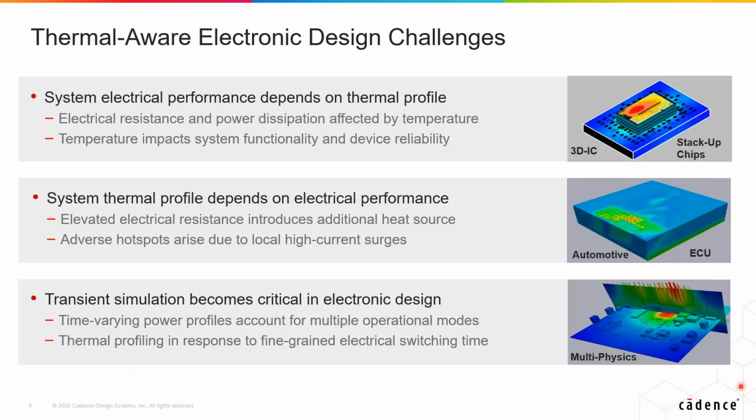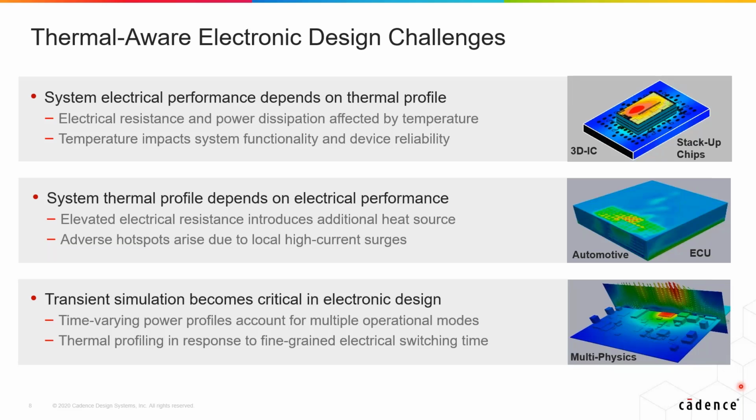Next, let's look at thermal-aware electronic design and what challenges are inside. As we all know, electrical performance depends on the thermal profile. Electrical resistance in copper increases with temperature, so the higher the temperature, the higher the resistance. Then circuit performance, such as frequency and other electrical parameters, will be affected by the temperature profile.